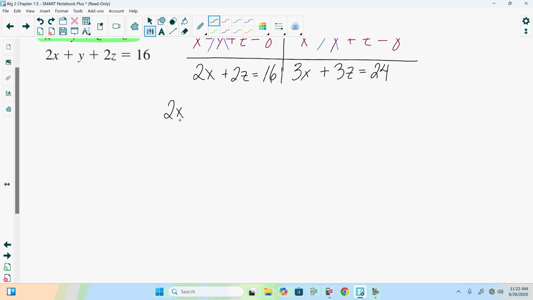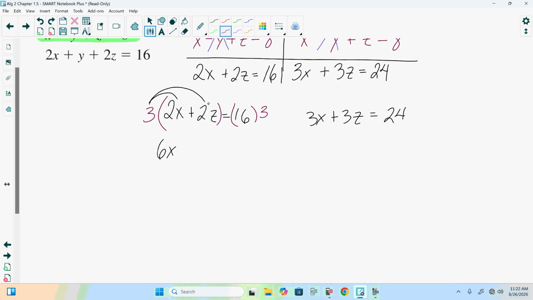Now to get there, we're going to have to multiply both equations by something to get either x or z to be the same. Do we want to eliminate x or z? We can just pick x. For the equation on the left, to get the x's to be the same, we're going to multiply by 3. 3 times 2x is going to be 6x. 3 times 2z is going to be plus 6z.